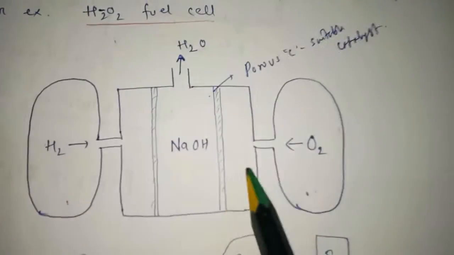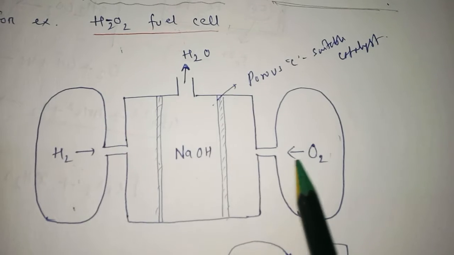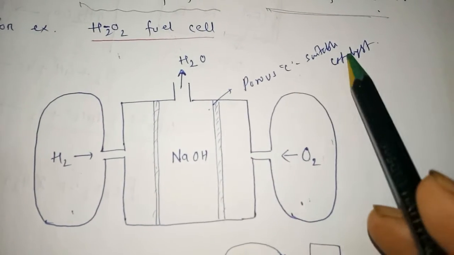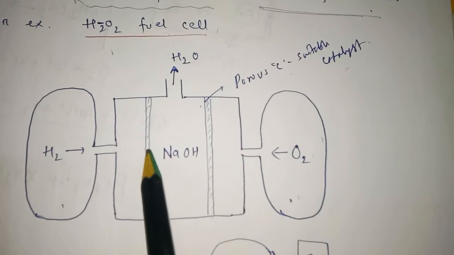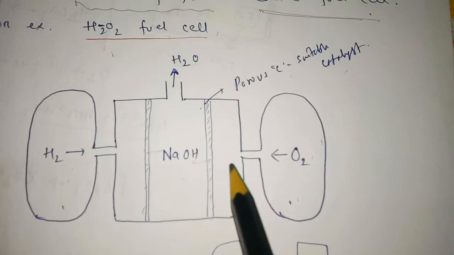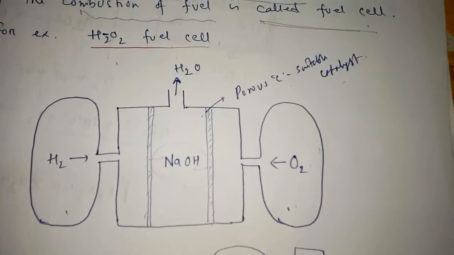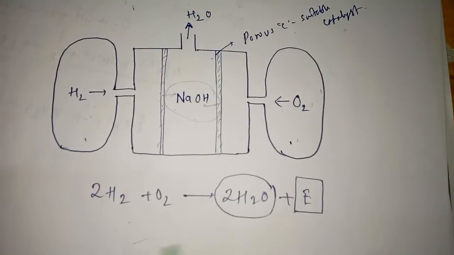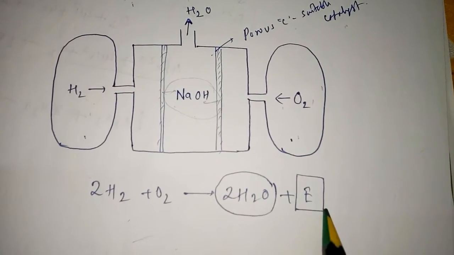In this one, see that there are two cylinders. The hydrogen and oxygen are bubbled through porous carbon, which is used as a suitable catalyst. Hydrogen comes here, oxygen comes here, and in the presence of sodium hydroxide or potassium hydroxide, these two react to give you water and energy.